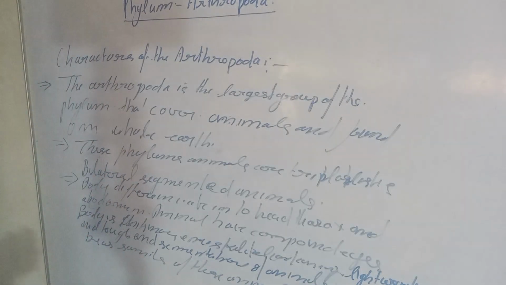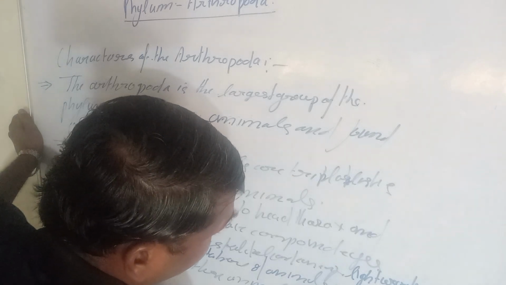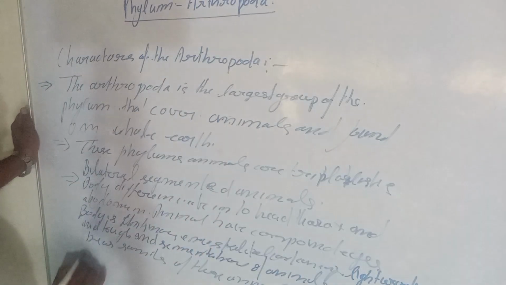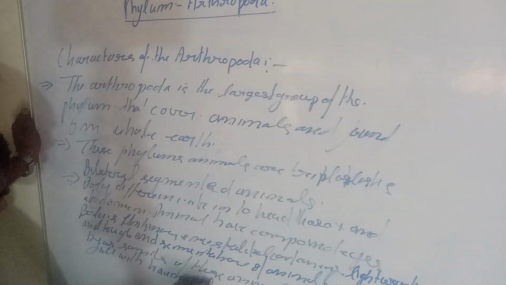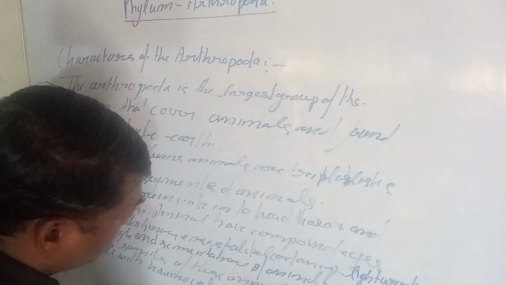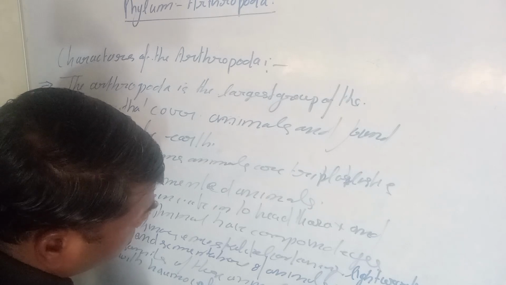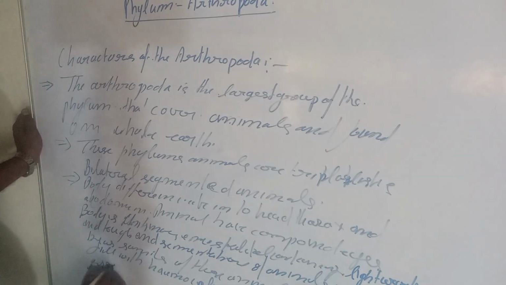The body has open types of coelomic cavities. The coelomic cavity is filled with hemolymph, a hemocoel, meaning an open blood circulatory system is present in it.